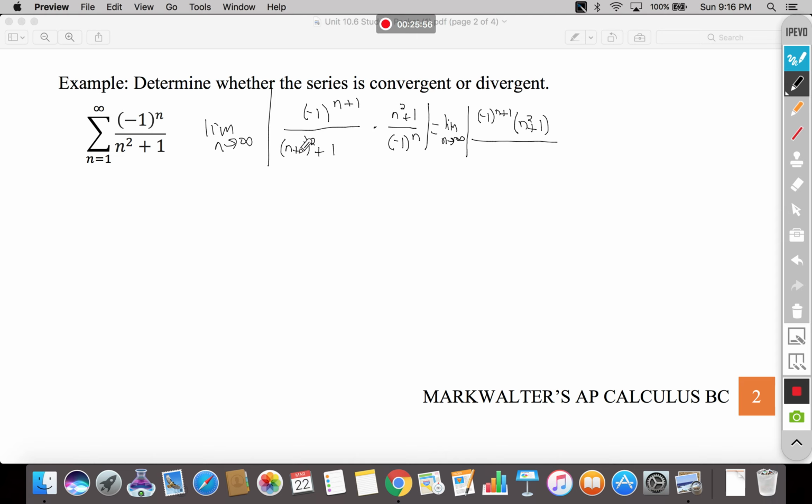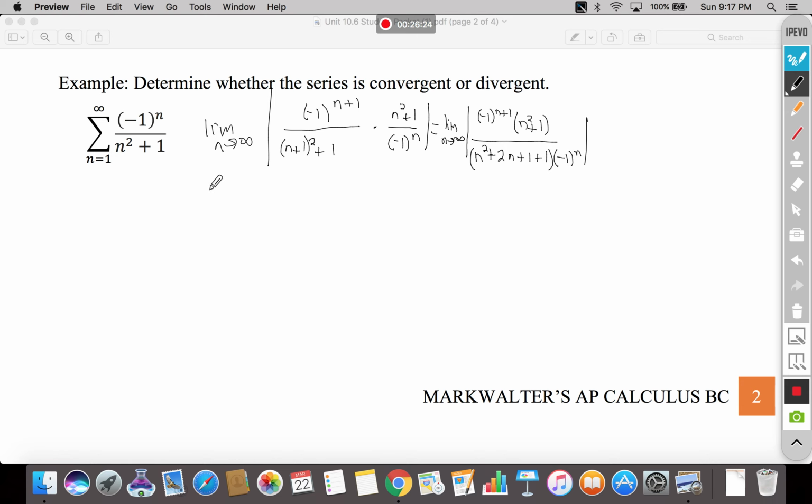After I expand that, I'll get n squared. When I FOIL everything out, we're not distributing this. We don't distribute powers. We FOIL, so that's n times n, and then n times 1 plus n times 1 gives us plus 2n. Plus 1 times 1 gives us 1 plus 1. That whole thing times the quantity negative 1 to the n.